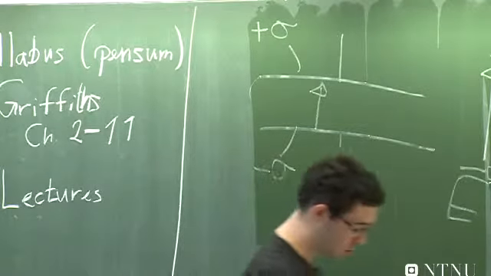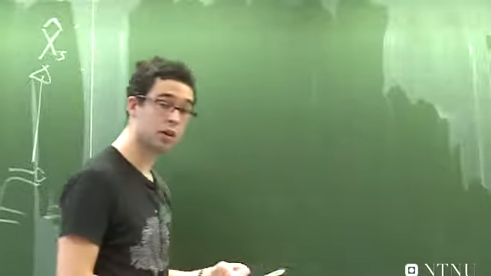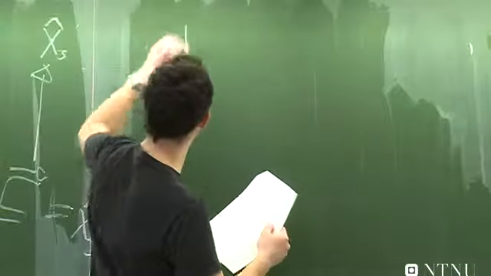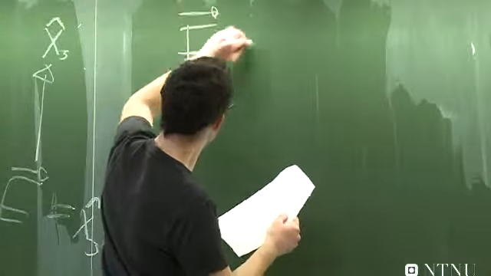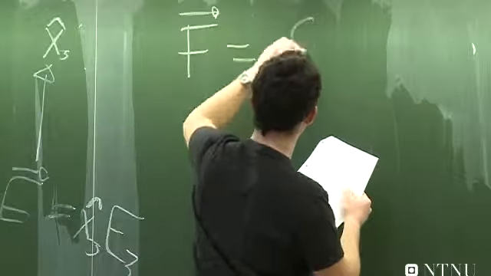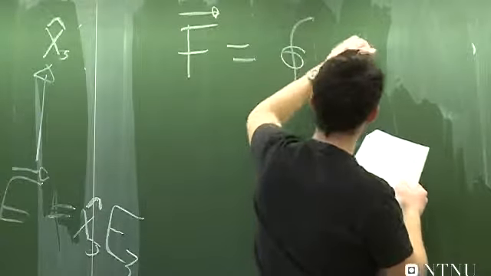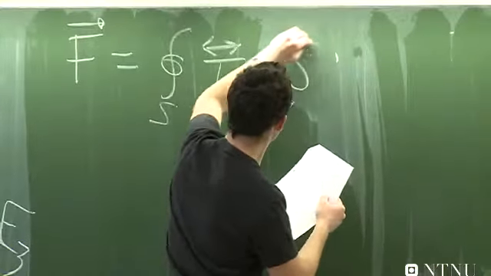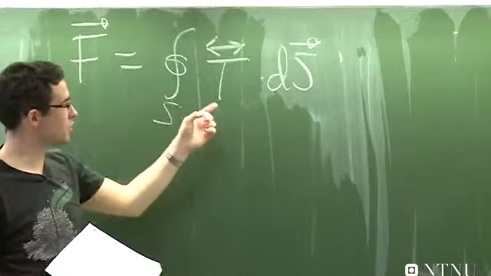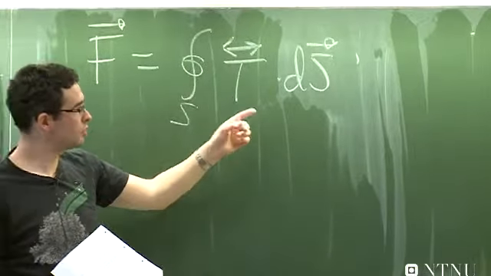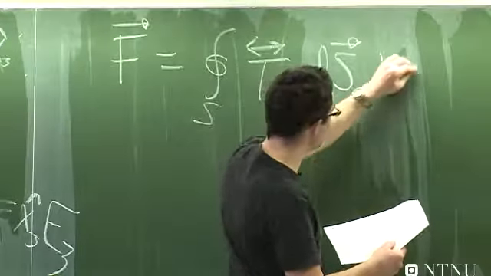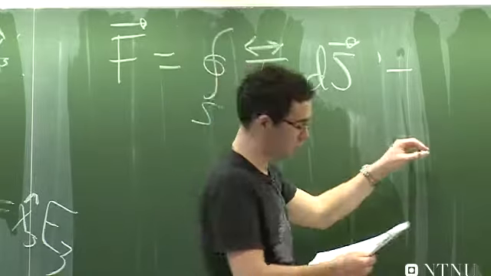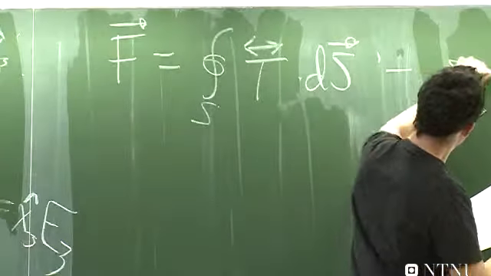Okay? Use this, and the problem also said to use one specific formula, which was the following: that the force is equal to the following. There's one term which is related to the stress tensor, integrating over a surface. We went through this on a previous lecture, so I won't go through the details.